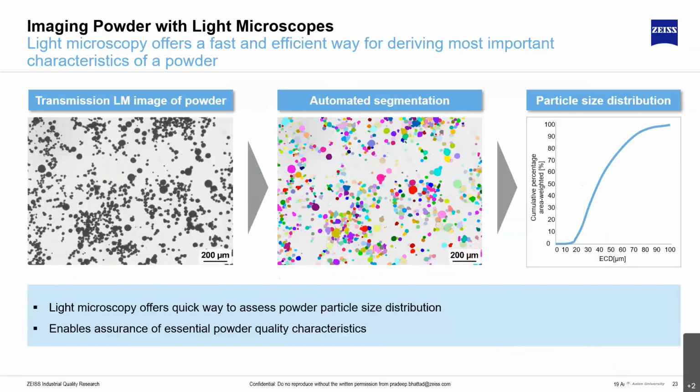Of course, just collecting images is not sufficient. So we have the full workflow where we take images of the powder, automatically segment them and convert that into data. And there are multiple characteristics available talking about size and shape of the particle, aspect ratio, elongation, and everything else that comes with it.